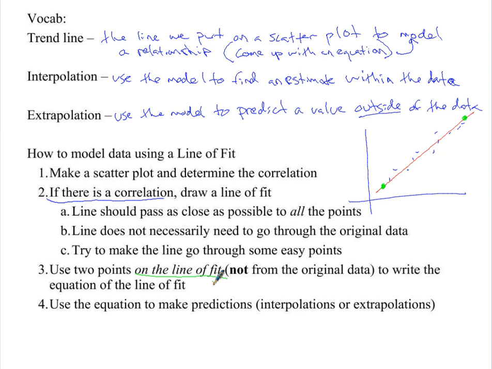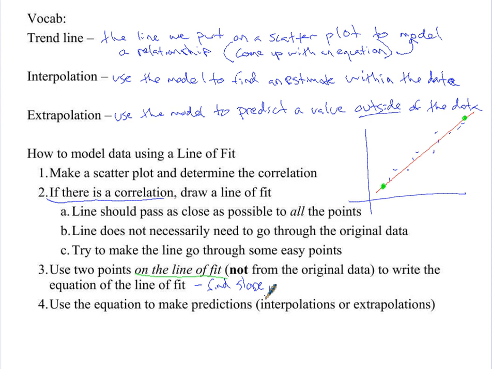In order to do that, if you have 2 ordered pairs, what's the first thing you're going to do? I want to write an equation. What do I need to do first? Find your slope. Then what? Plug it into, what's the equation that we're going to use? y minus y1 equals m times x minus x1.